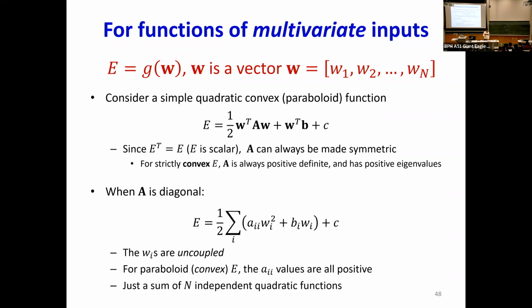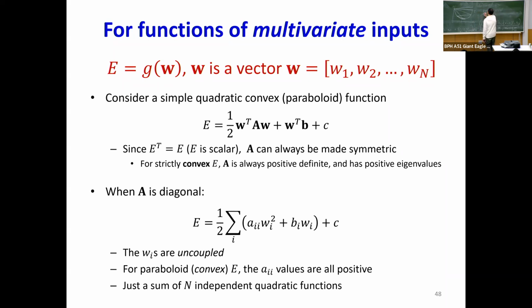But to understand it, let's take a case where you have two variables, and I'll just call them x1 and x2. Then I can write my quadratic as half a1 x1 squared plus b1 x1 plus a constant c, plus half a2 x2 squared plus b2 x2.